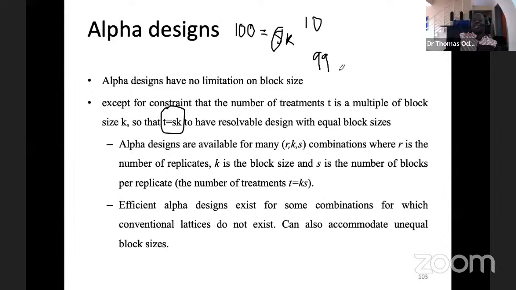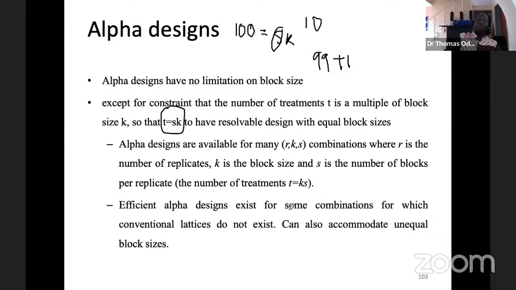You remember that 99 is not very easy to get, unless you get a 33 by something. So you may need to add 1 or 2 varieties to make 100, then you can use a 10 by 10 alpha lattice design. So these are very efficient designs. They exist in some combinations.